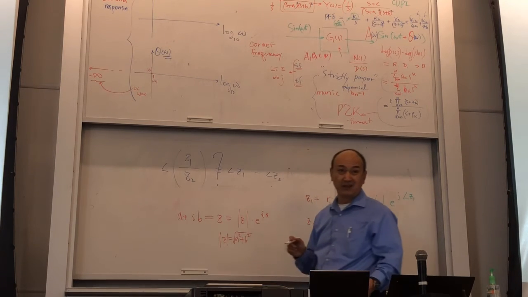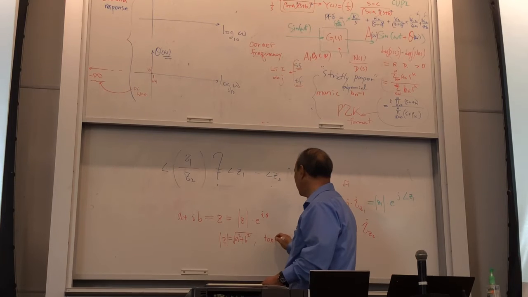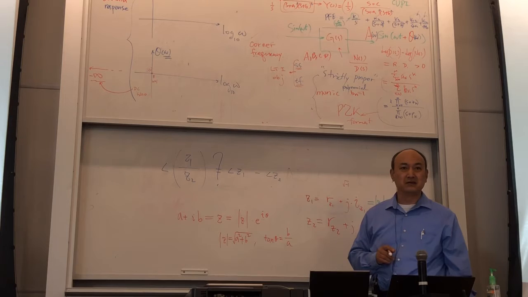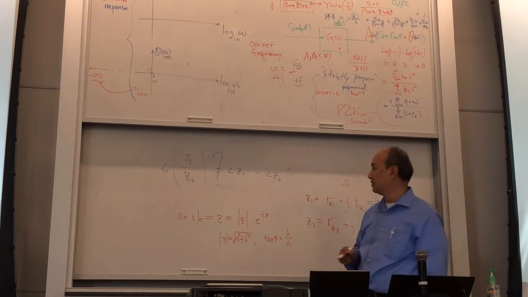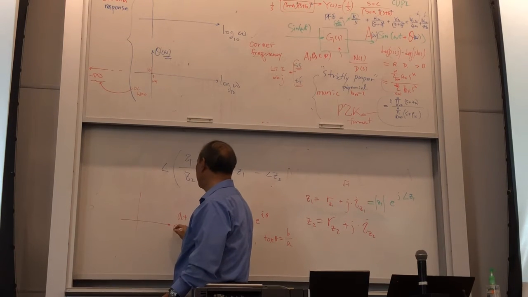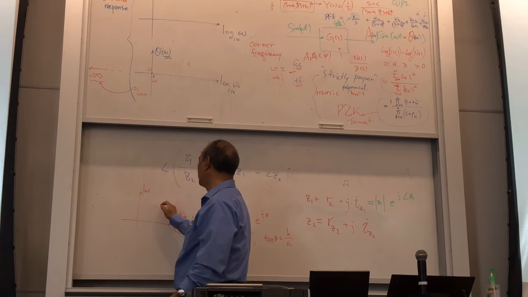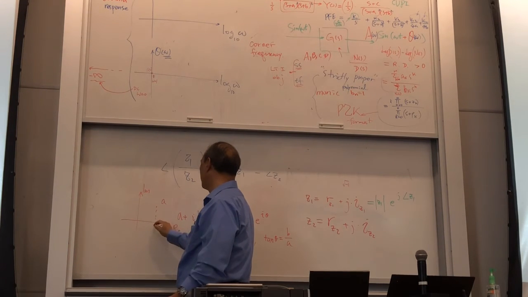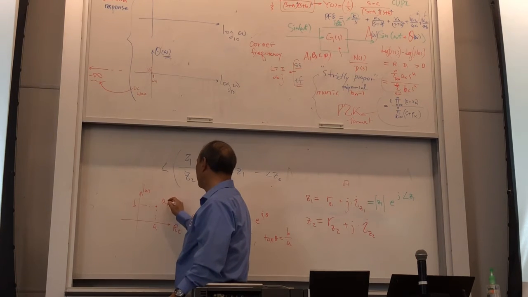What is this theta? I know that tangent theta is B divided by A. So you have an imaginary axis and a real axis. A is real, B is imaginary, so this is a plus jb.